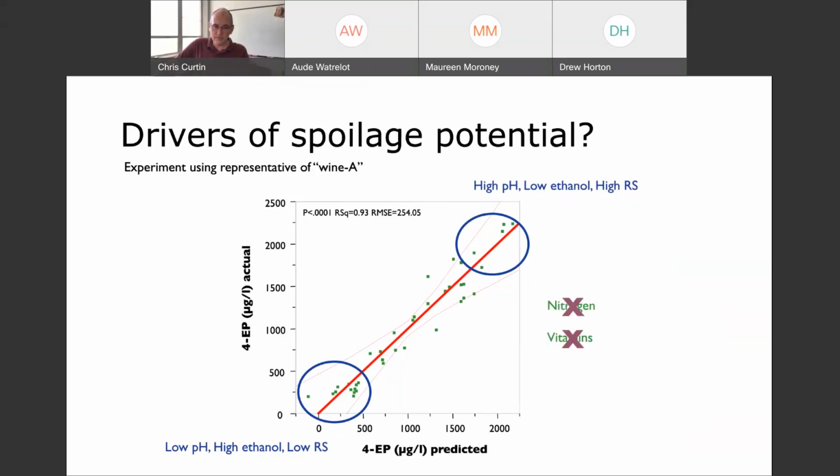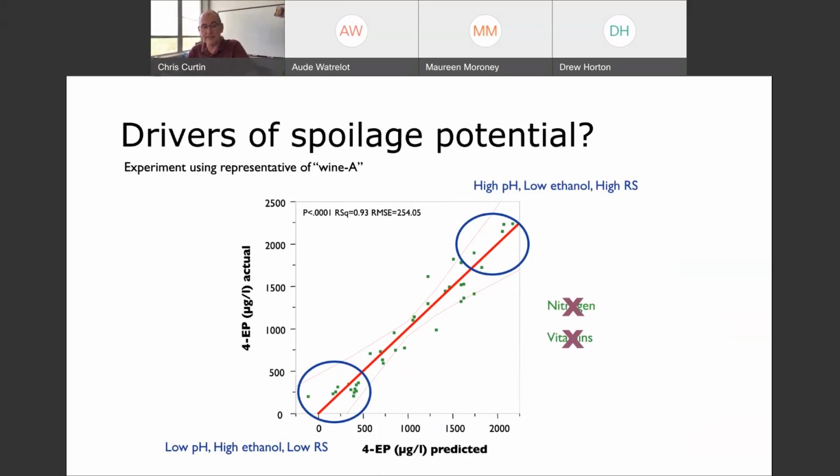What wasn't important were the factors like nitrogen and vitamins that in some past research papers had been talked about as well. You don't want to have too much residual nitrogen because that's going to be feeding the Brettanomyces, and maybe if you have different vitamin levels that aren't used by your primary yeast, then you might create more risk of Brettanomyces growing.